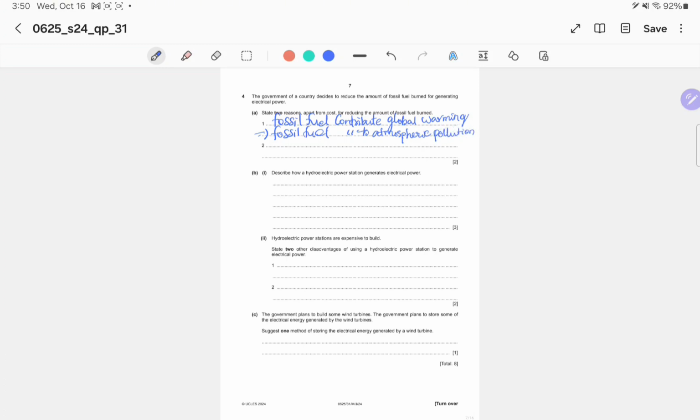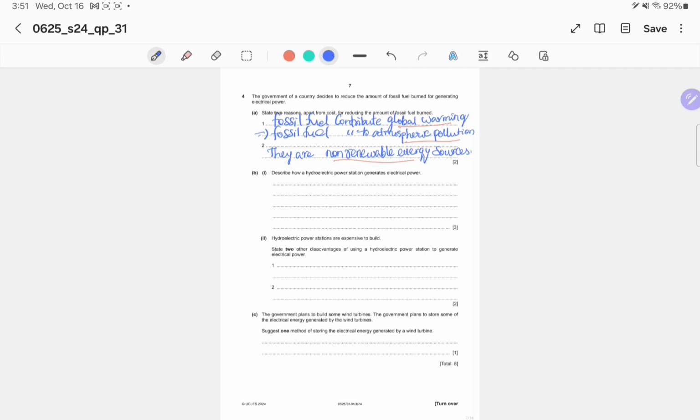This is the second point. If you want, you can stop here, or for your basic idea, a third one we can write: they are non-renewable energy sources. Those are the 3 points you have to write. Remember: global warming, atmospheric pollution, and non-renewable energy sources.